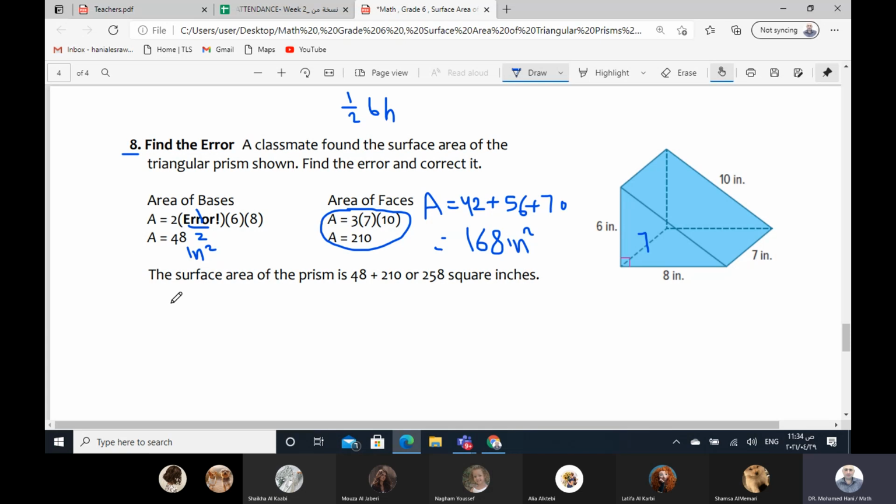So now we can add to know the surface area: 48 plus 168. The answer will be 216 inch squared.